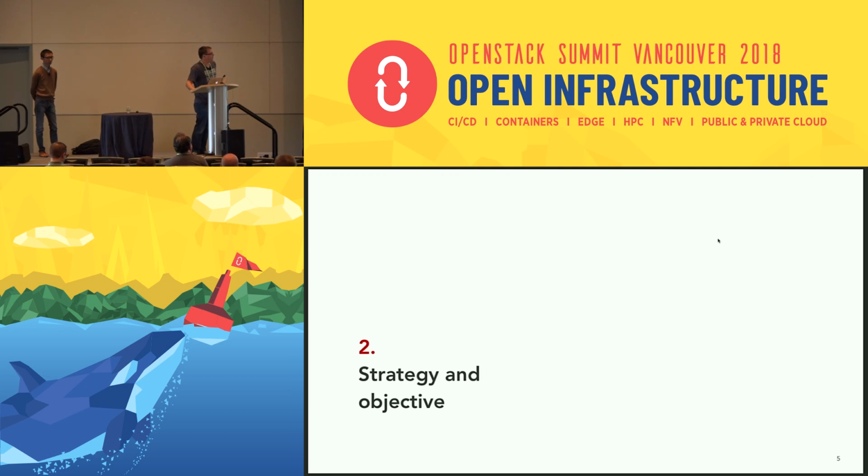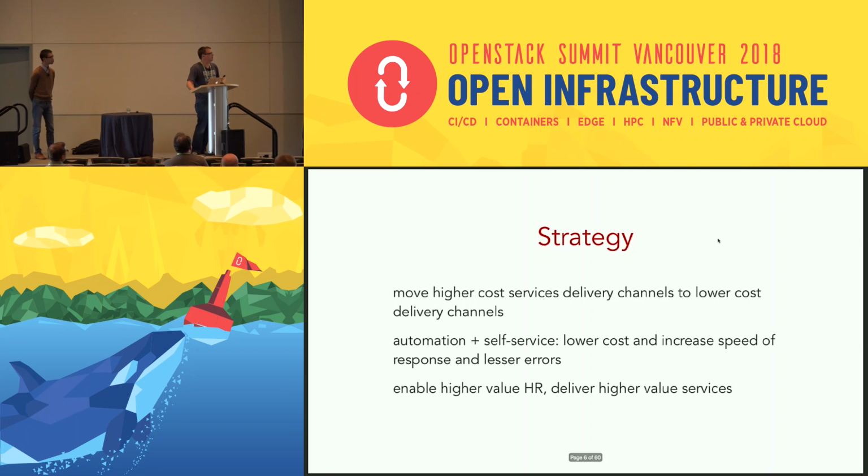Strategy and objective for our cloud installation. Some buzzwords: move higher cost service delivery channels to lower cost delivery channels. But definitely what we tried to build is a cloud service that is highly automated and self-service.